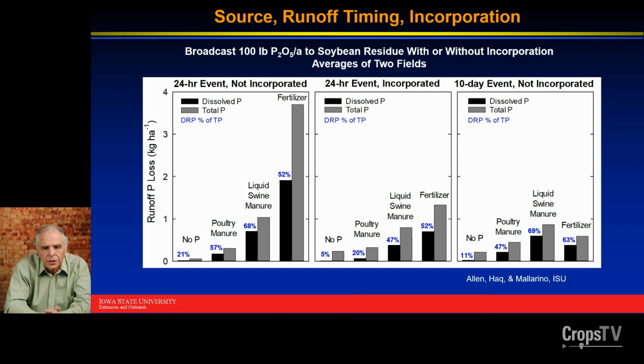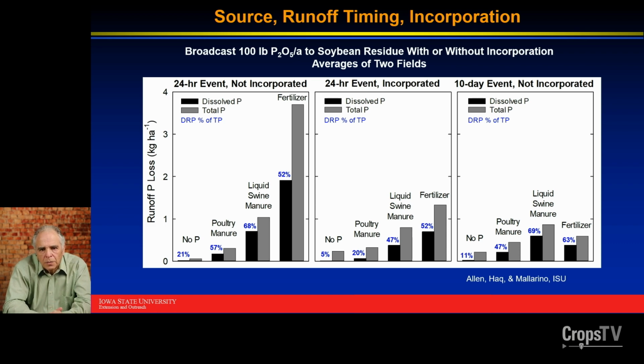Now, in the center graph, we have the same rate, the same 24 hours runoff event, but with incorporation by light disking. So look, the incorporation essentially reduced by more than half the phosphorus loss with the fertilizer, and reduced only a bit the losses with the liquid soy manure and poultry manure.